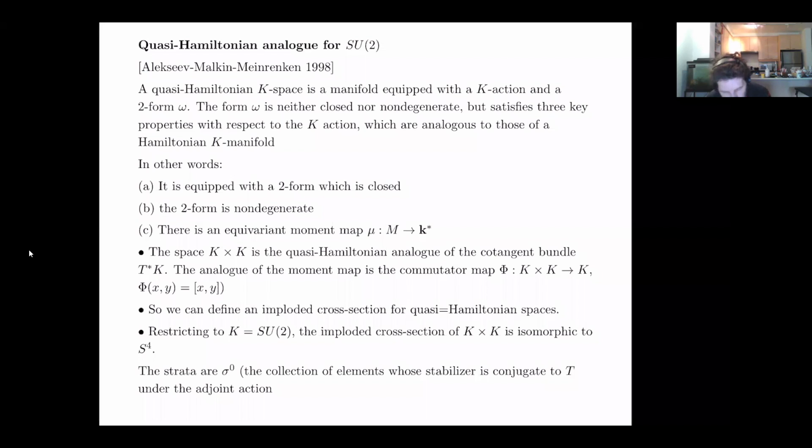The commutator map just means x, y, x inverse, y inverse.